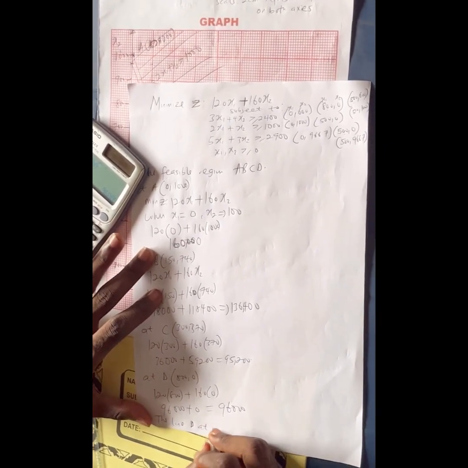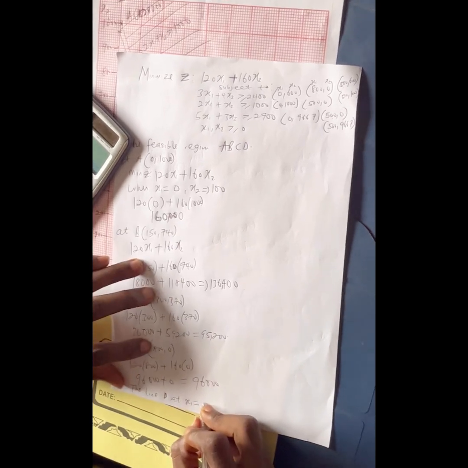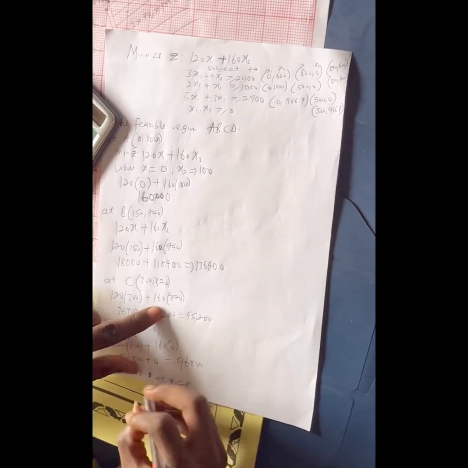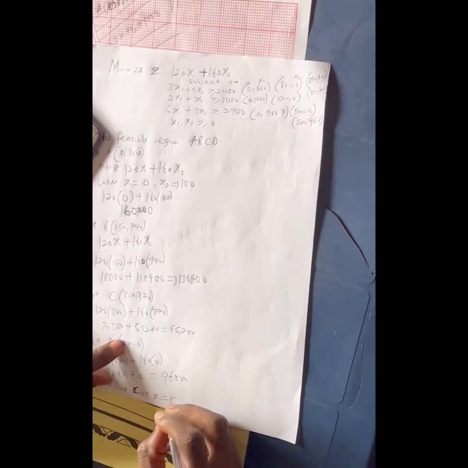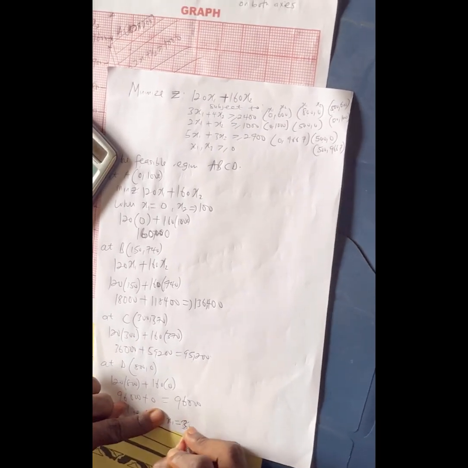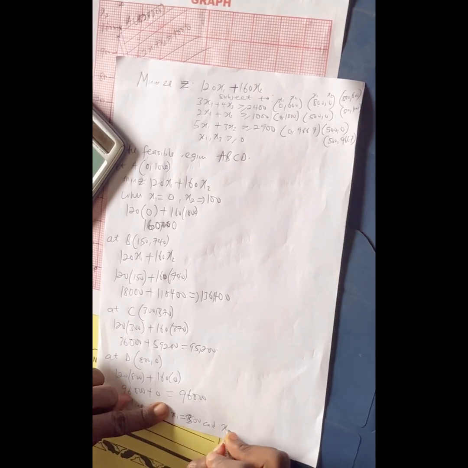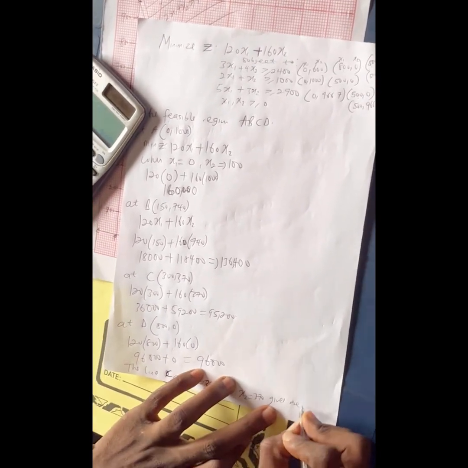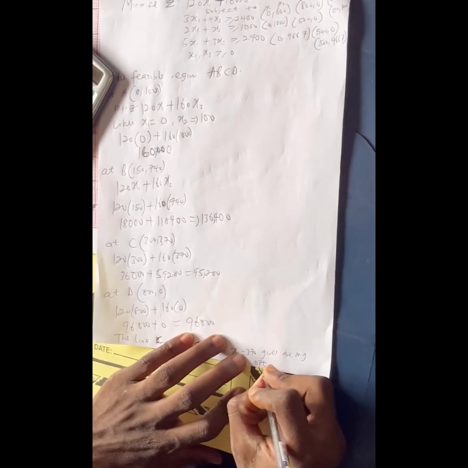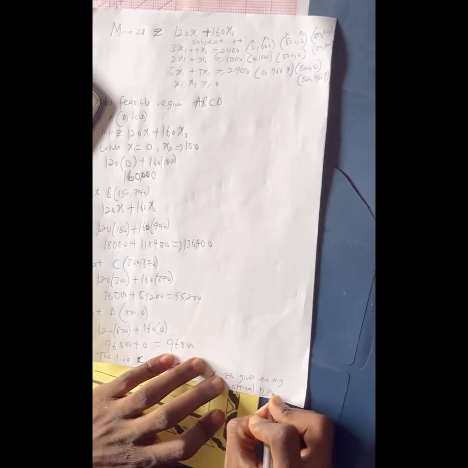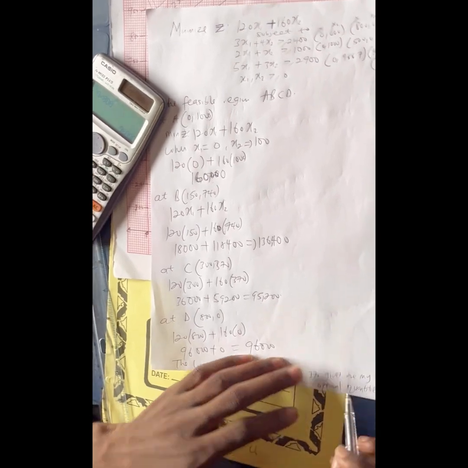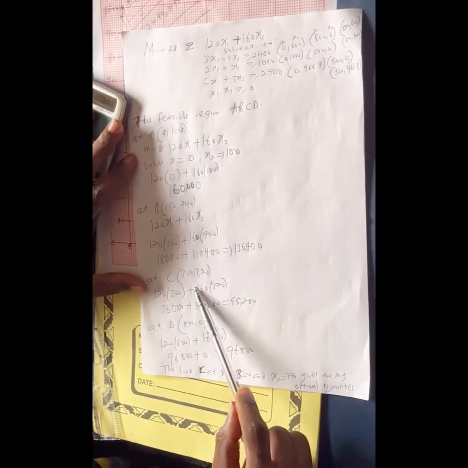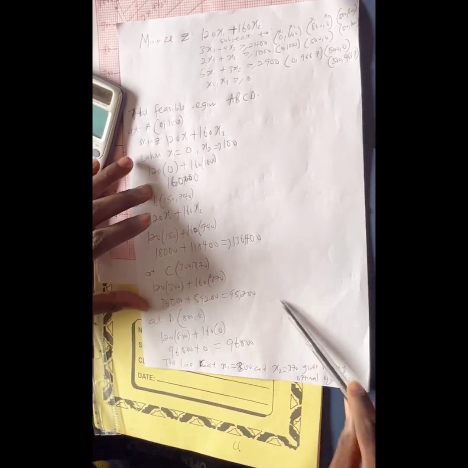So the line D is at S1 800. So my minimum value is at C. The line C at S1 is 300 and S2 is 370. That gives me my optimal quantity, when I have C, 95,200.